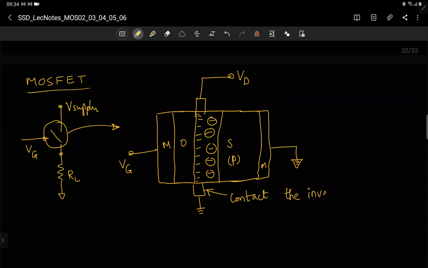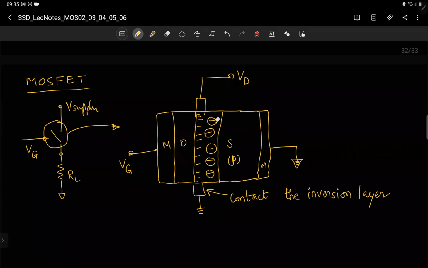And then if you apply bias, these electrons will flow. These ionized acceptors will not flow, they are immobile. And this biasing is not affecting P, in the sense you have separated this from P by having a large depletion region here.